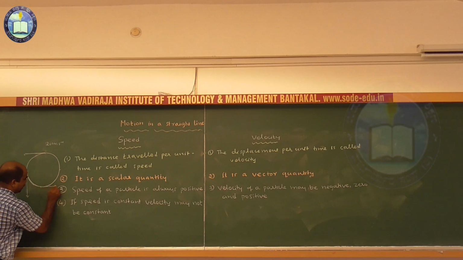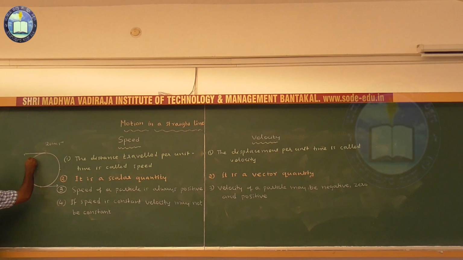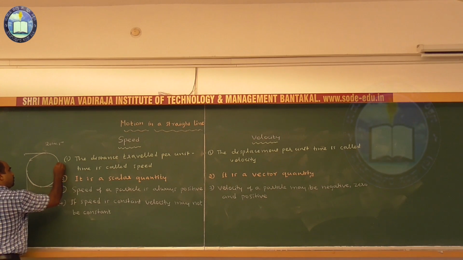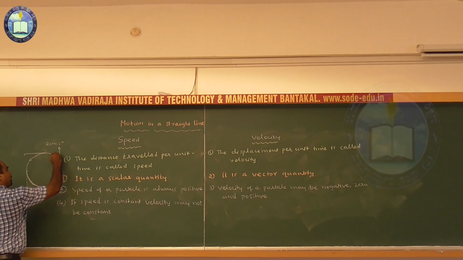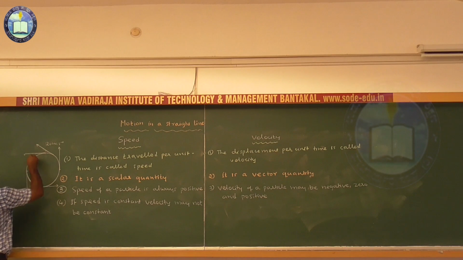Velocity at this point is along the tangent. I will assume the body is moving anti-clockwise. Velocity at each point is along the tangent drawn at that point.